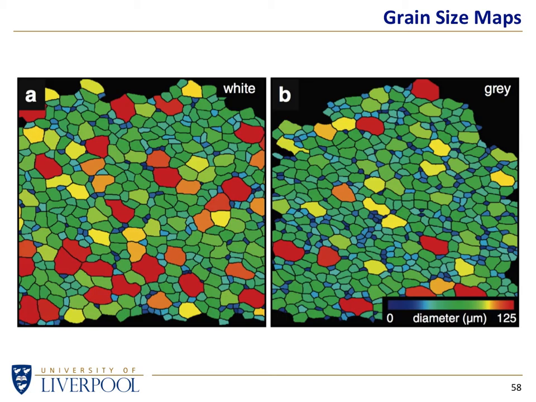Label the large ones red and the medium-sized ones green and the small ones blue, simply because our color vision, except for the gentleman in the middle there, is such that that helps us understand the difference of these two. You can look at that and instantly see, even if you were defocusing your eyes, there's less red in that, telling you there are fewer large grains in this grey sample than there is in the white sample.